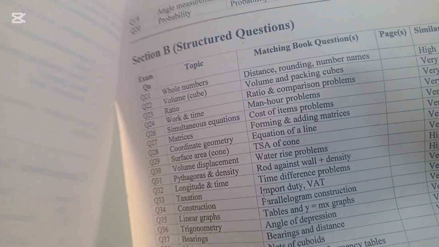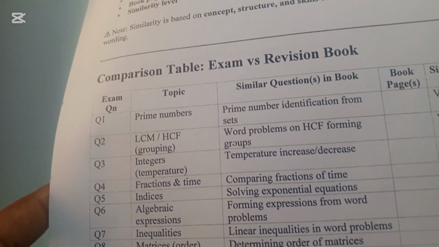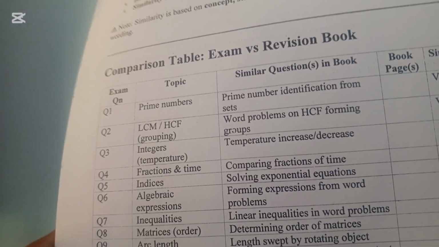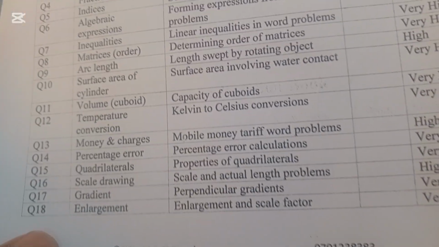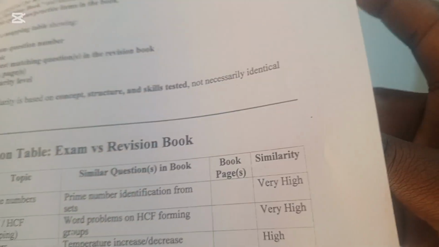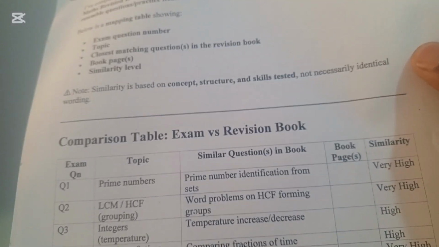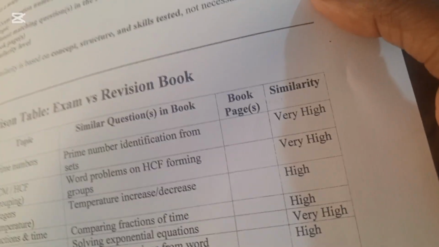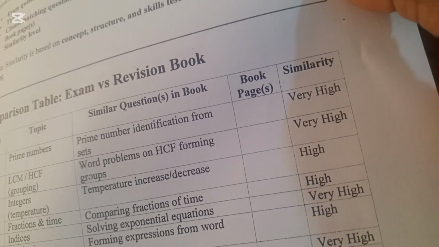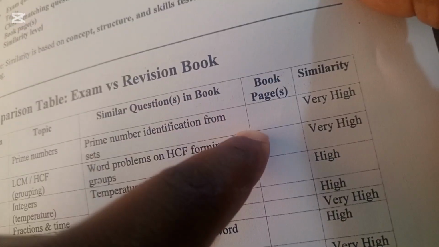All of them were directly similar to what is in my book, and it continues to give the similar questions in the book: prime number identification, forming sets, word problems on HCF forming groups, temperature increase, and so on and so forth. Now, similarity: it says that question 1 has very high similarity to what is in my exam.